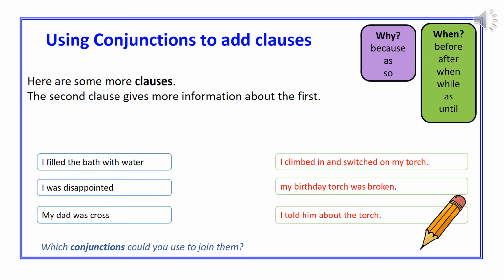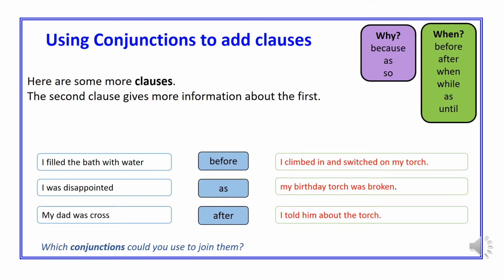Which conjunction would suit the middle of that sentence to join them? And the third example: my dad was cross. Blank, I told him about the torch. Which conjunction could you use to join them? Pause the video to have a go at those three sentences, choosing which conjunction to put in the middle, and then press play to resume and reveal some examples.